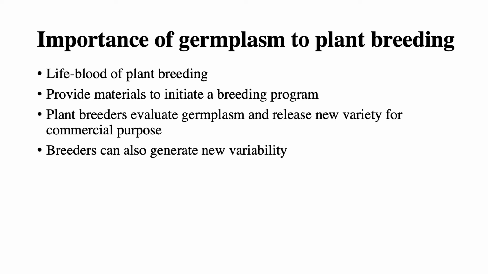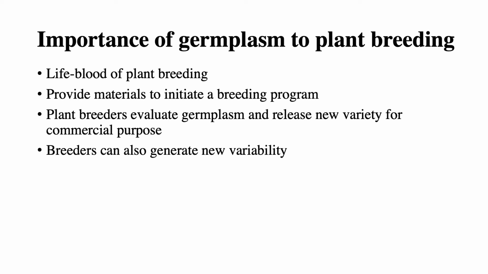Breeders at present are using all these techniques to create variability, and after creating useful variation, they release varieties for commercial purposes. If I talk about chickpea, almost 35 varieties have been released in Pakistan, and these varieties have been totally developed on the basis of mutation breeding.